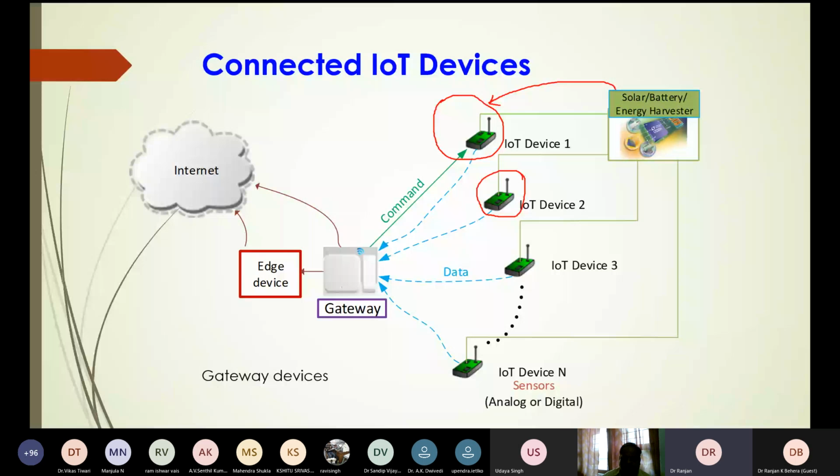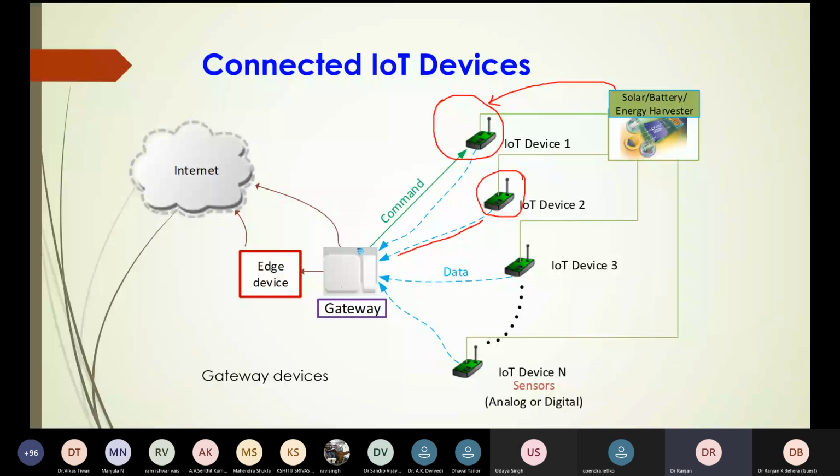So when these IoT devices are connected, for example, in an agriculture field, like one of the speakers was speaking about, this is the IoT device, and the IoT device sends data, and this blue color line is my data.